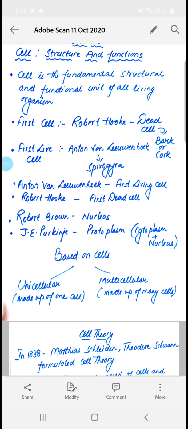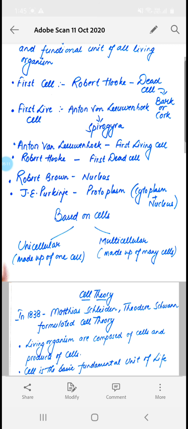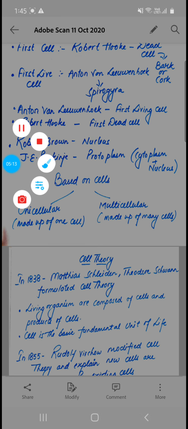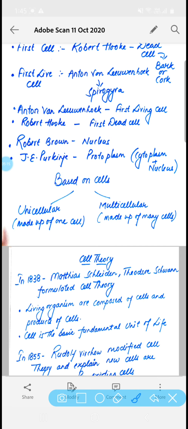Okay, so to recap, the first living cell was discovered by Anton von Leeuwenhoek, and the first dead cell was represented by Robert Hooke.